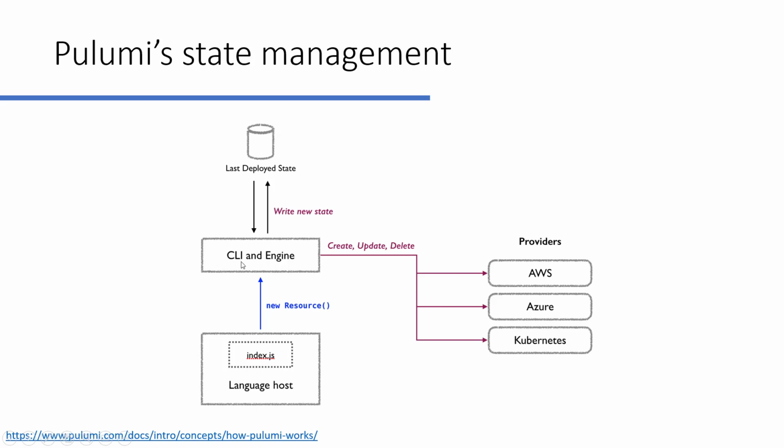So we issued a Pulumi up command through the CLI. The CLI triggered the engine, the Pulumi engine, which asked the language host. You see here it's a JavaScript code, but in our case it's C# or a C# library. So the engine called the C# library, and the language host went through that C# code, okay?